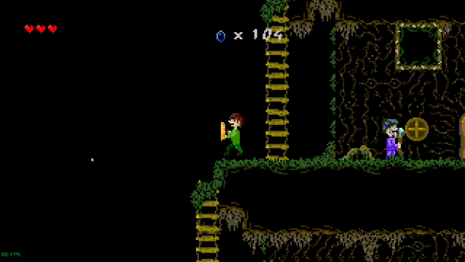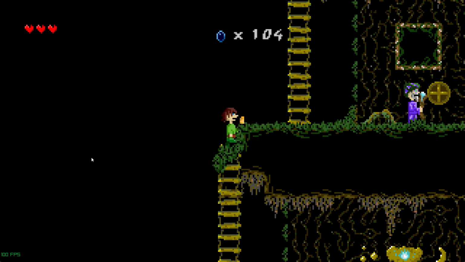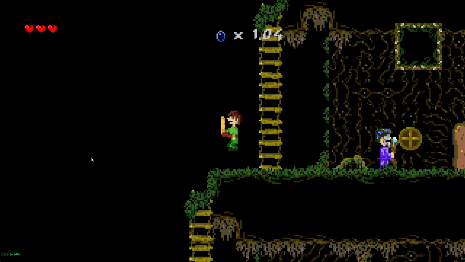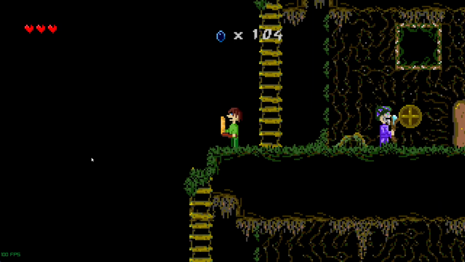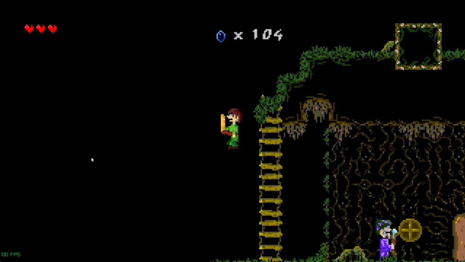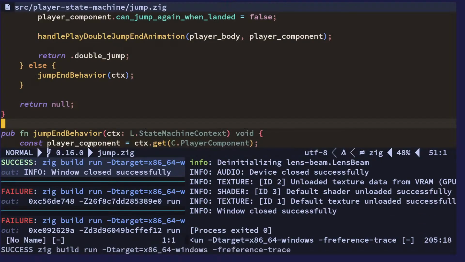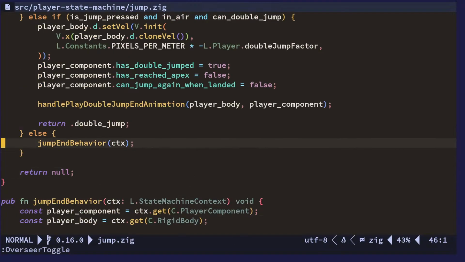Right, so now when I jump and do a charge attack, it actually cancels the jump. But again, I'm not sure if that's what I wanted to happen. Also, there's a bug where if I hold and then charge and then release jump, now if I jump it doesn't actually jump. So there's one button press there that doesn't work. And I believe that has to do with the jump behavior not being called. Well, you know what?